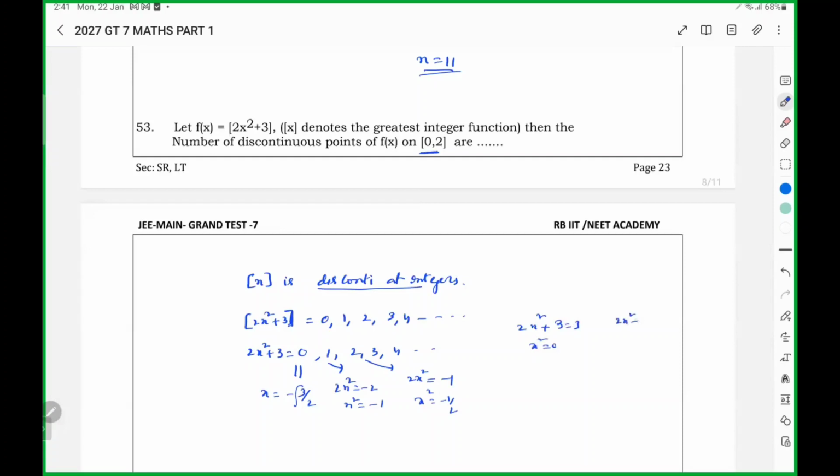Suppose you take 4, 2x square is 1, that is 1 by root 2. 2x square is 2, x is 1, plus or minus, but in the specified interval negative values are not there. So x is root of 3 by 2. So either you take this or this or this or this.